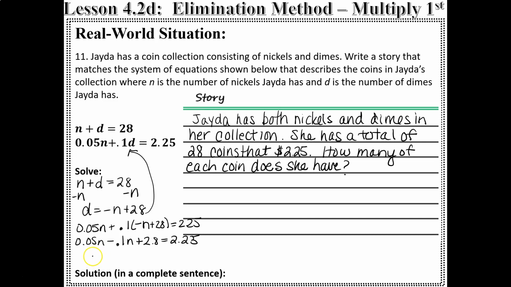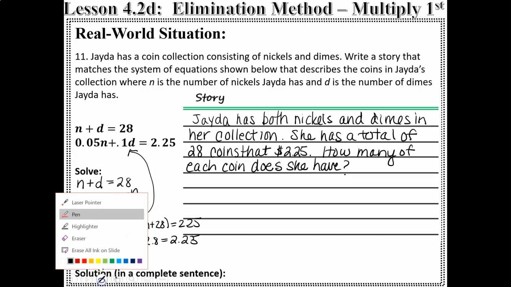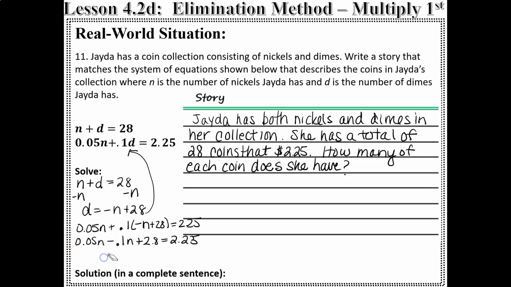Wait, hold on. So if you have positive 5 cents and you take away 10 cents n, right?